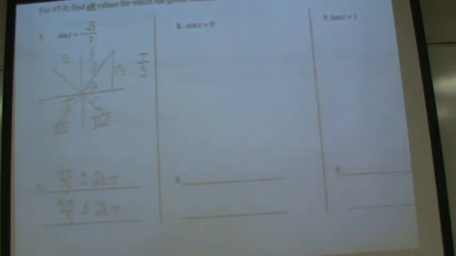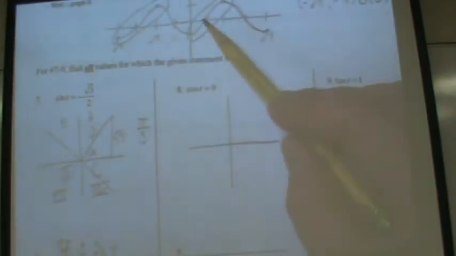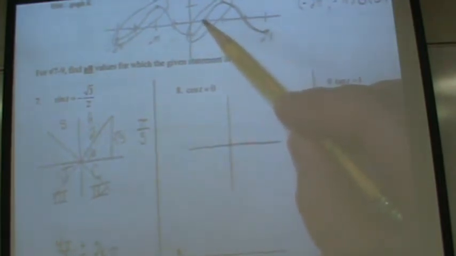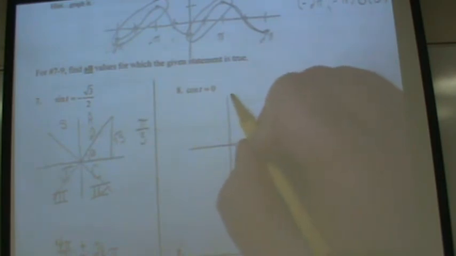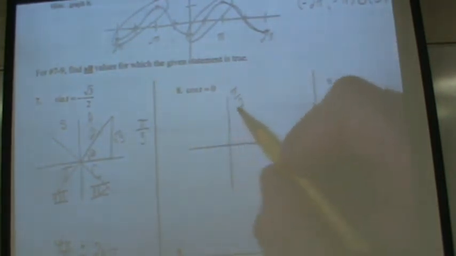For number 8, we have cosine t equals 0. So this is where we're looking at where cosine equals 0. If we go back to our previous example, we can see that cosine equals 0 whenever it hits the x-axis. And cosine hits the x-axis at pi over 2, which remember is our y-axis here.